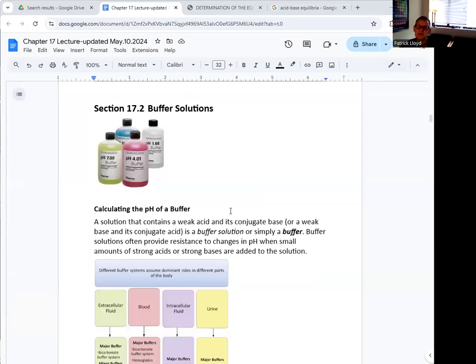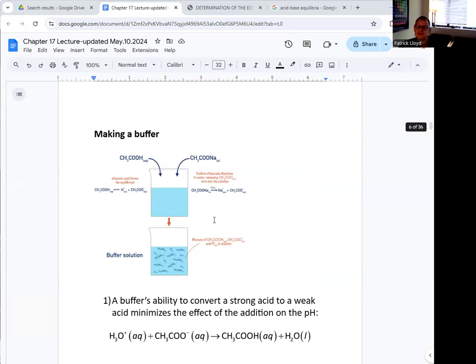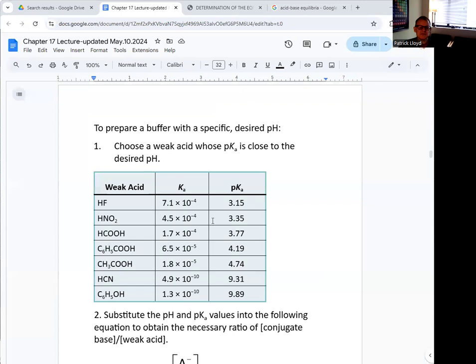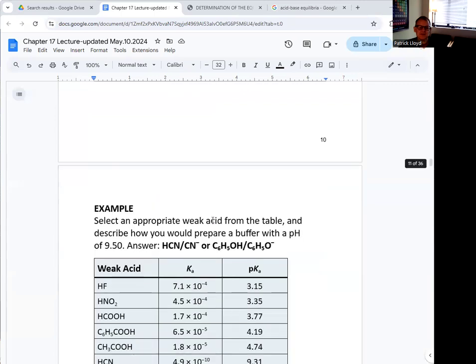What are the principles of equilibria that allow buffers to resist changes in pH? And by the way, they don't stop the pH from changing. The pH still changes. It's just that they reduce the change in the pH. So you look at buffers as well. Do some calculations with that, learn how to make them. Very practical information for a chemist or a biochemist.